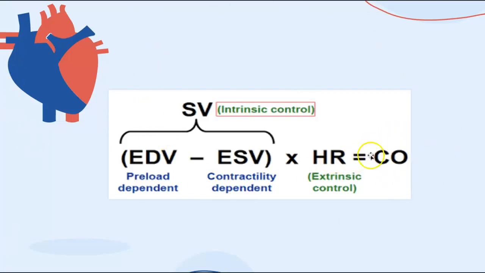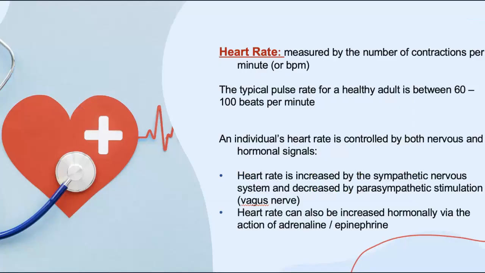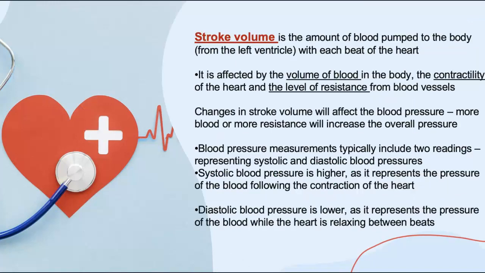So the cardiac output equals heart rate multiplied by the stroke volume, and the stroke volume, as we mentioned before, is affected by three factors: the contractility, the force, the level of resistance from the blood vessels, and the volume of the blood in the body.